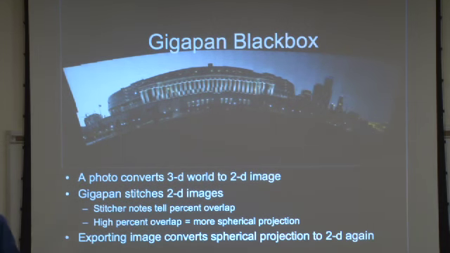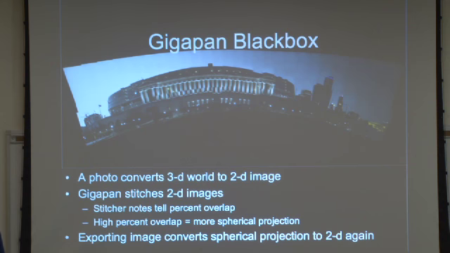Okay, now I actually don't really know how the Gigapan people stitch together images. So I'm sure some of you probably know this a lot better than I do. But the simple stuff that I can try to explain really quickly is that when you take a single photo with a camera, it's converting a three-dimensional world into a two-dimensional image, so it flattens things out.